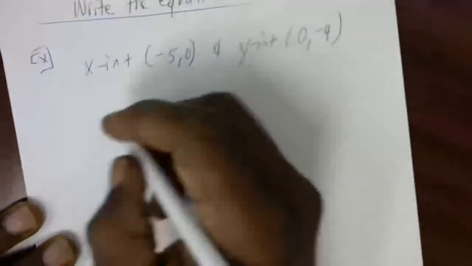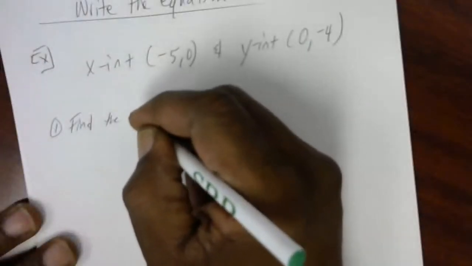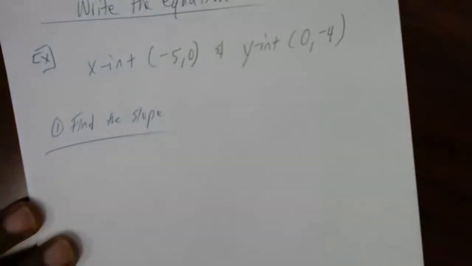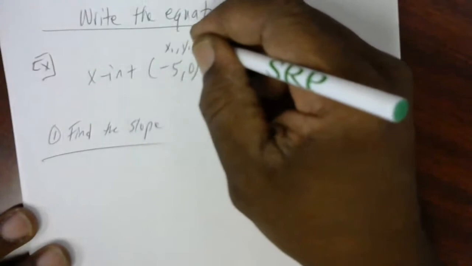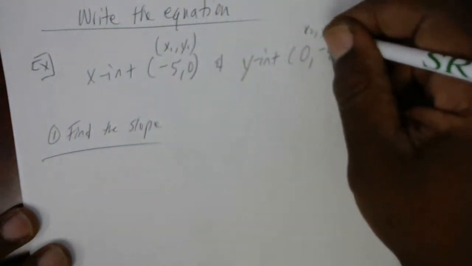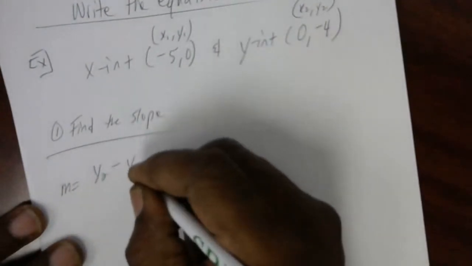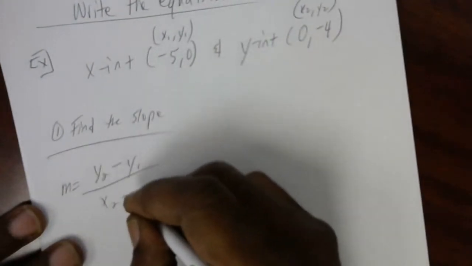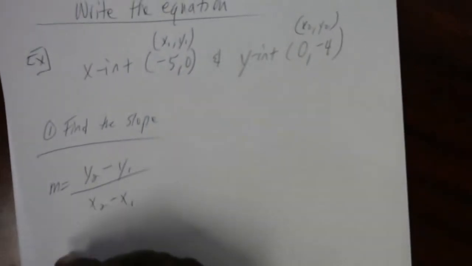So as in a previous example, the first thing we're going to do is find the slope. So we have x1, y1, x2, y2, and we have the formula. So we're going to substitute.